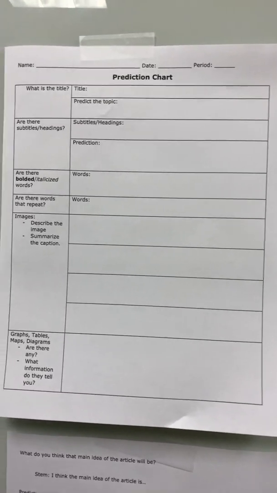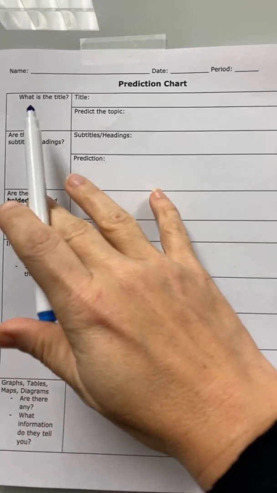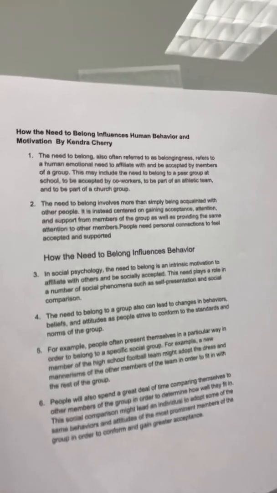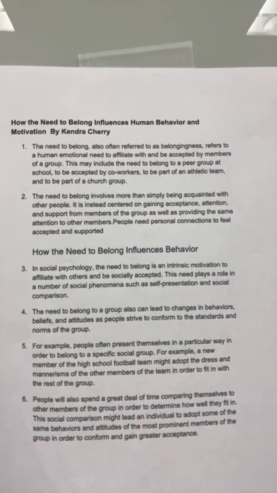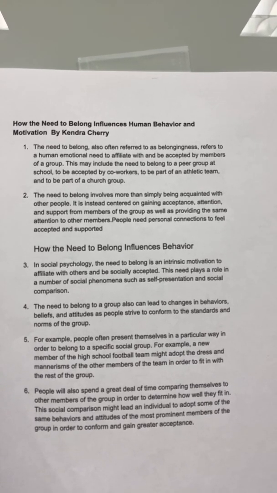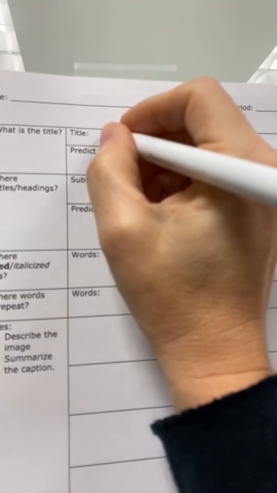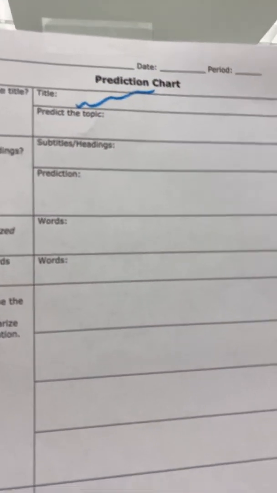So the first thing we do is we just have them look and see what the title is and see if they can predict the topic. So for this one, our title is How the Need to Belong Influences Human Behavior and Motivation. And so we would write that down, and it's really long, so I'm not going to write the whole thing down.